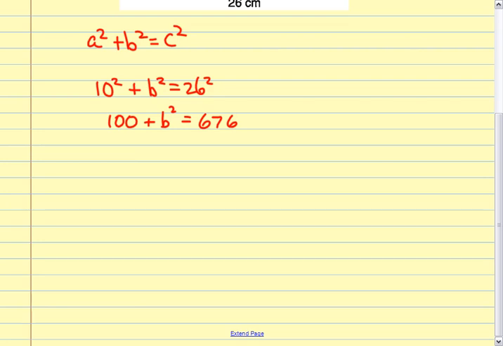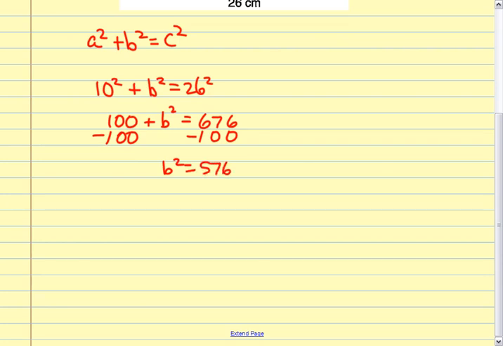So how do I get rid of this 100? Subtract 100. Okay, I want to subtract 100, but this is algebra. So I have to subtract 100 from over here. That leaves me with b squared is equal to 576.